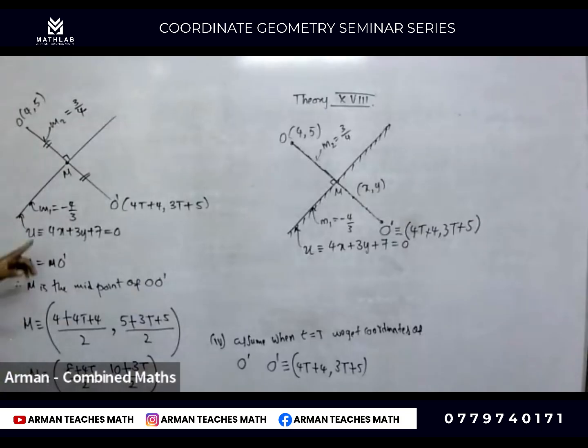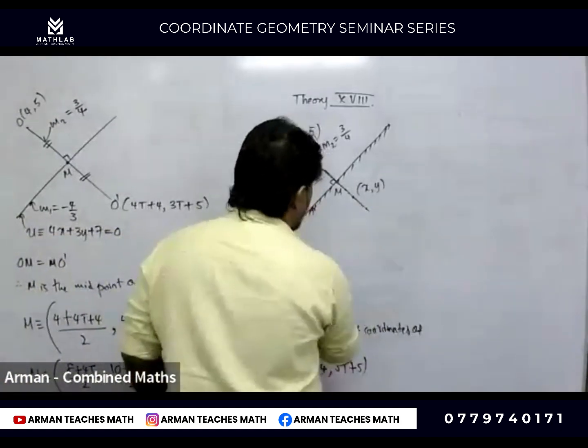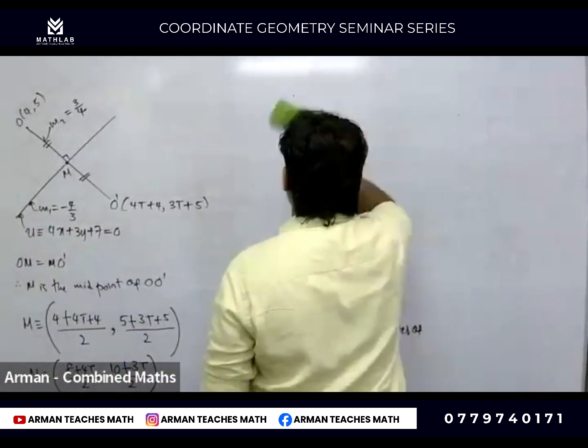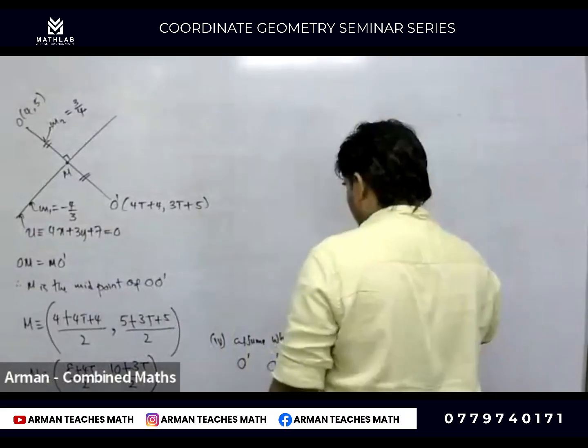Now, listen carefully. What did I find? The coordinates of capital M point with the help of these two. And we discussed this in the second or third theory, as I can remember. Second theory, we discussed that.